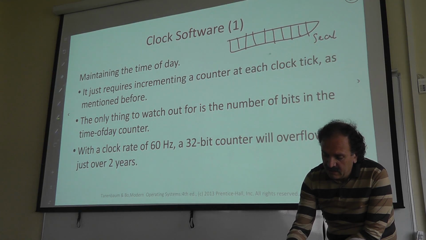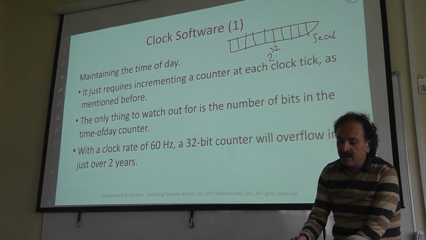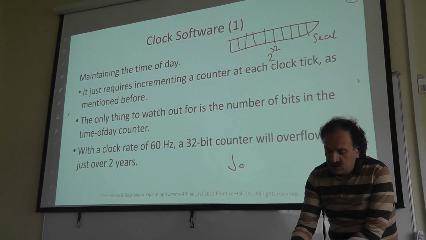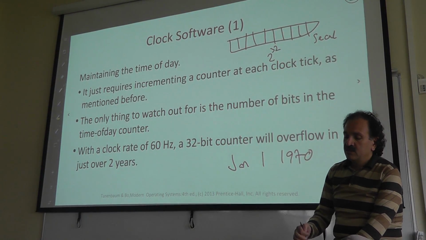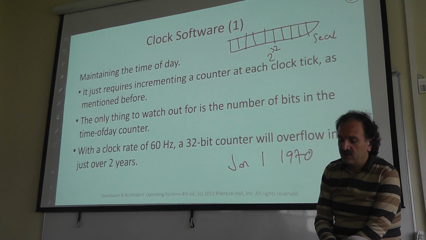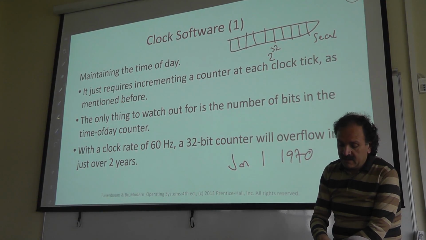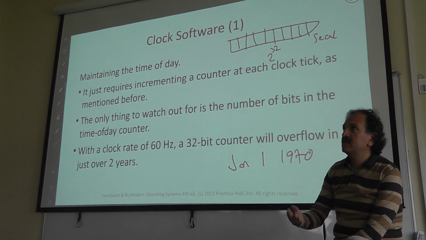So you can measure 2 to the power 32 seconds from the time you start measuring. In Unix systems, it is January 1st, 1970. This integer counts the number of seconds from January 1st, 1970.